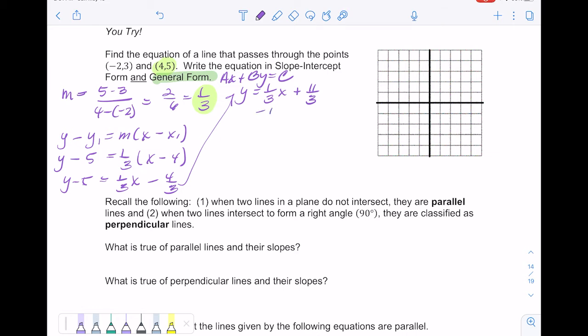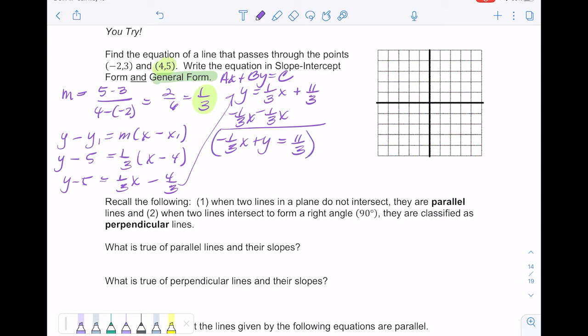So the first thing I'm going to do is subtract the 1/3 x. So you get -1/3 x plus y equals 11/3. And the next thing, I don't want those fractions, and I don't want the negative for the a term. So to get rid of it, I'm going to multiply both sides by -3.